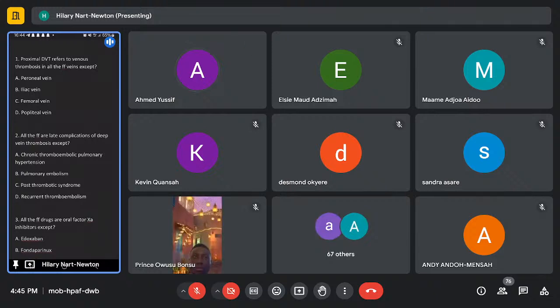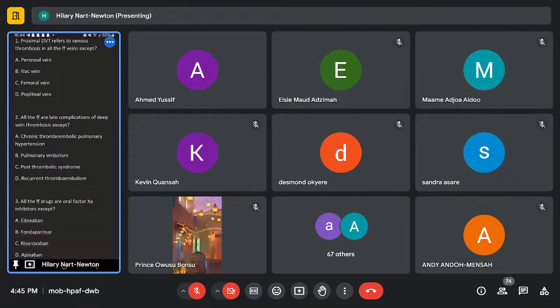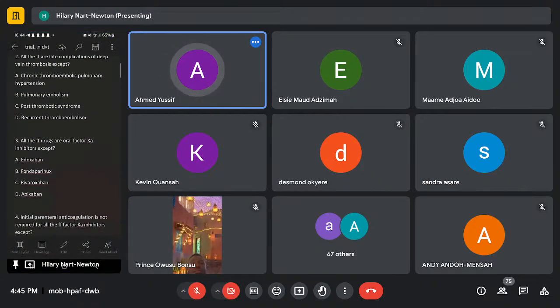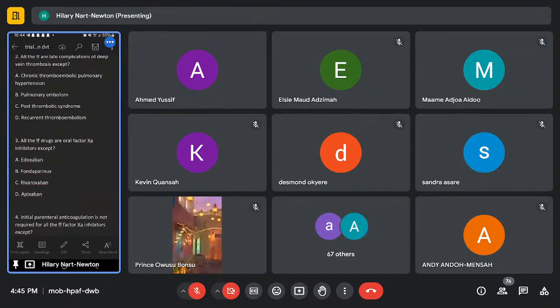B. Pulmonary embolism. C. Post-thrombotic syndrome. D. Recurrent thromboembolism. Okay, so what are you going for? Post-thrombotic syndrome.